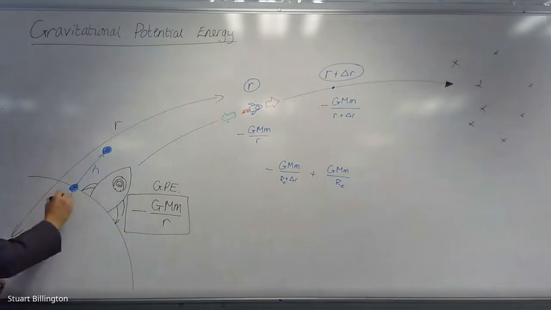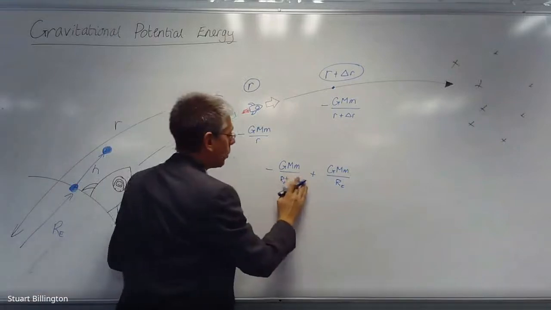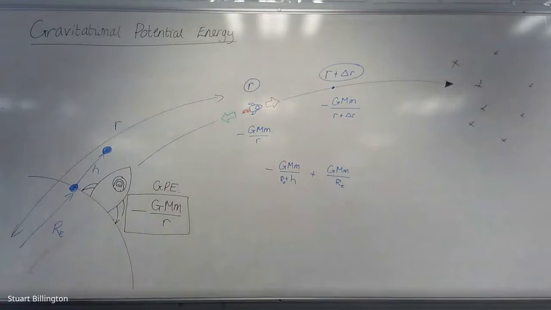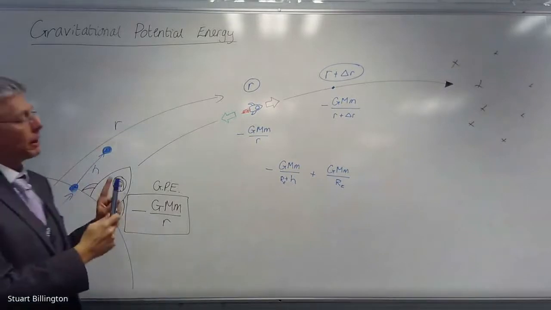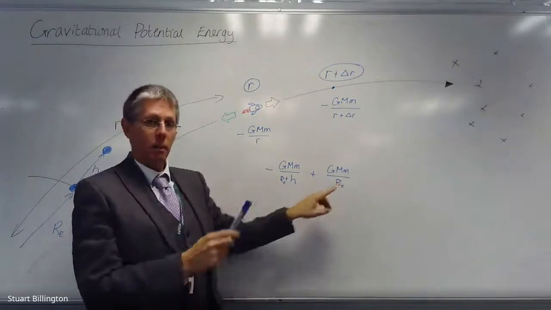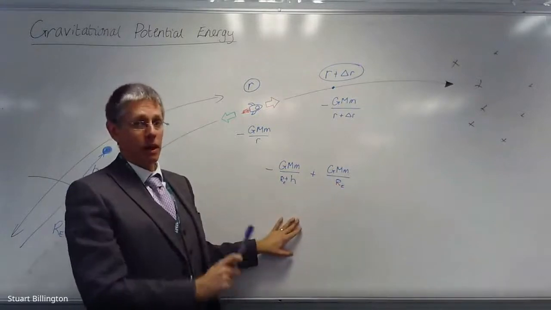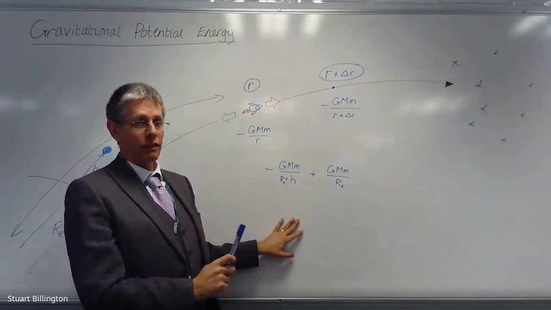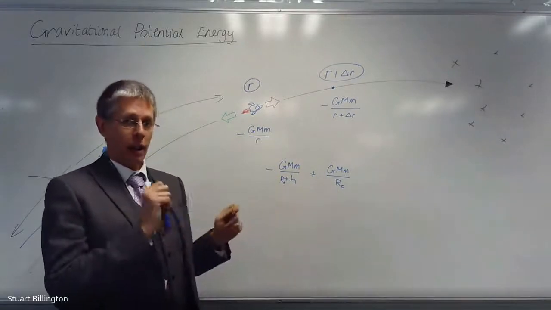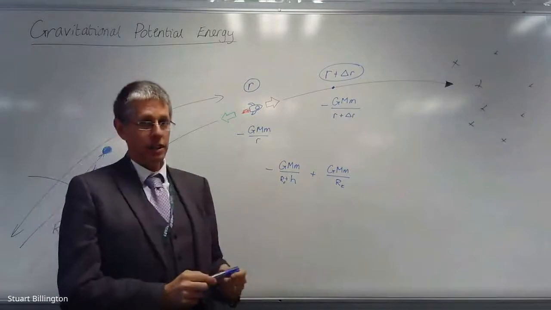So we were at the radius of the Earth, and now we're a height h above the surface of the Earth. Could you please do what you can to simplify that by adding the algebraic fractions together? If you remember how to do it, you need to make the denominators the same. So could you add those two fractions together?